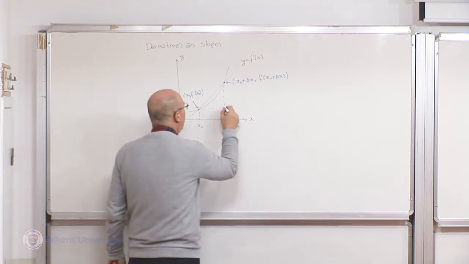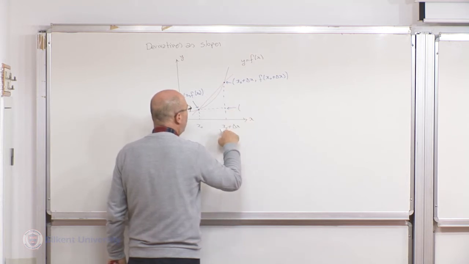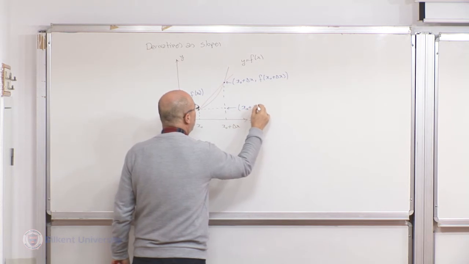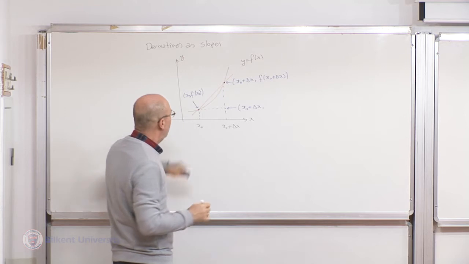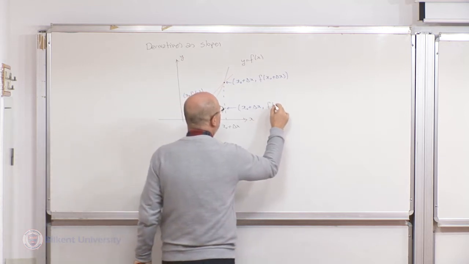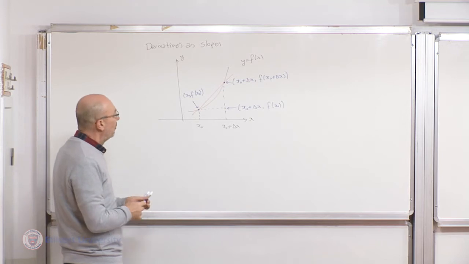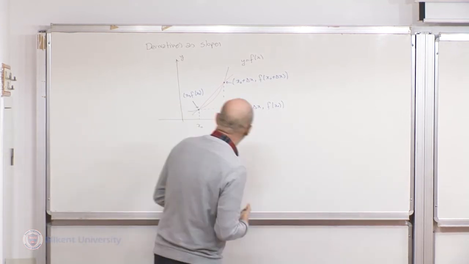We will also need this auxiliary point. The x coordinate is this point, x sub 0 plus delta x, and the height is this height, so that is f of x sub 0. Now we have to look at the distances. Let's invent another thing.